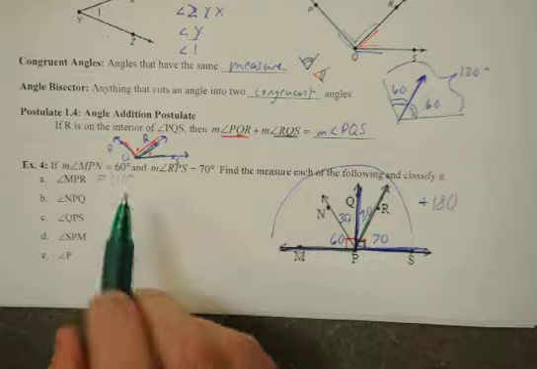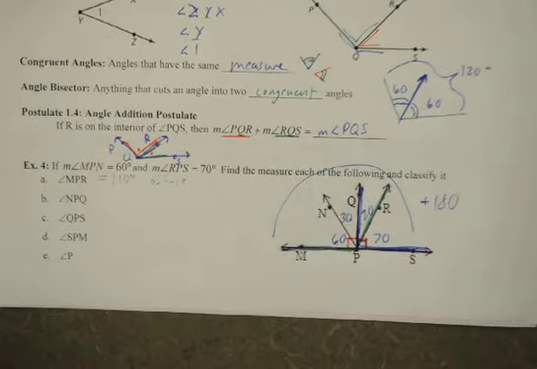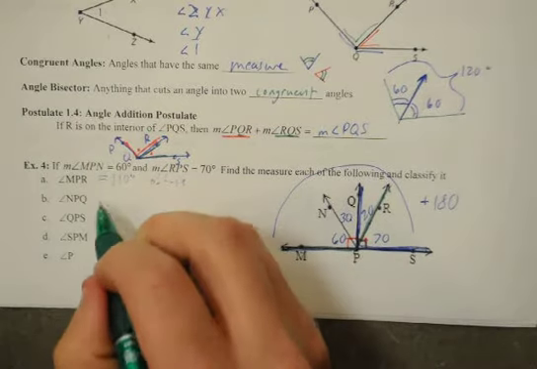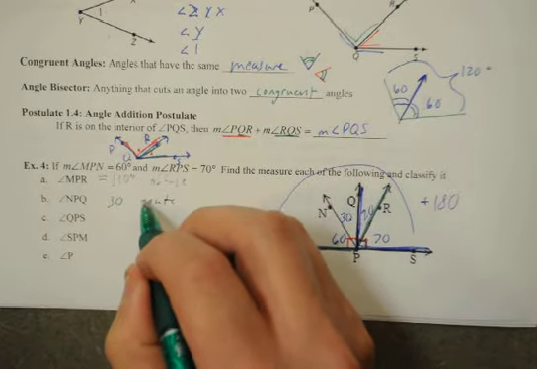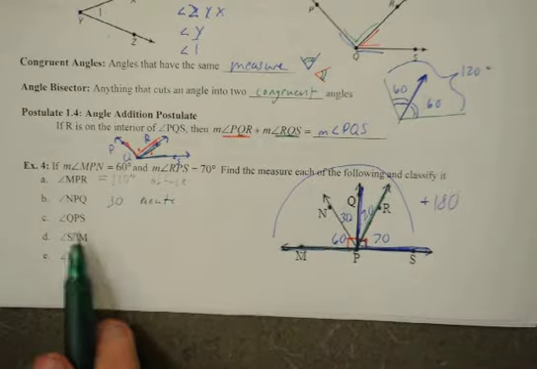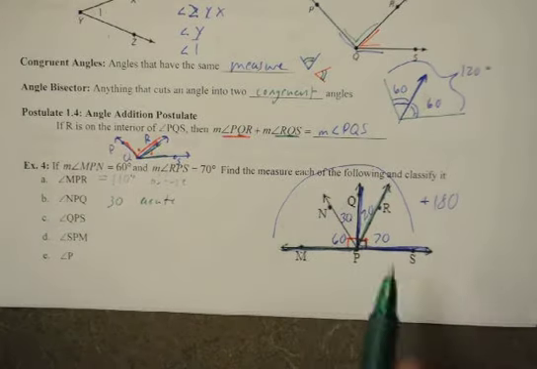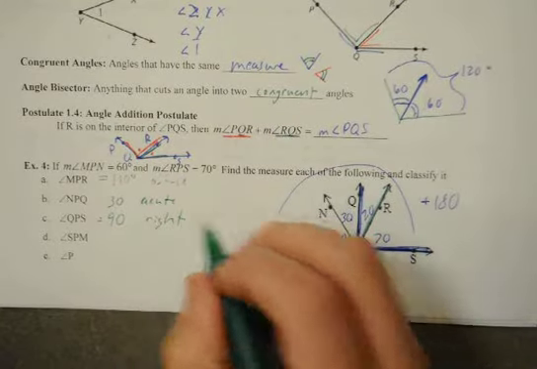And 110 degrees is obtuse. NPQ. NPQ, we found that out. That was 30. And 30 is acute. QPS, that's our 90 degree. QPS. That's 90 degree. That's a right angle.